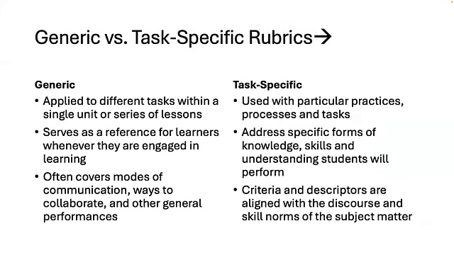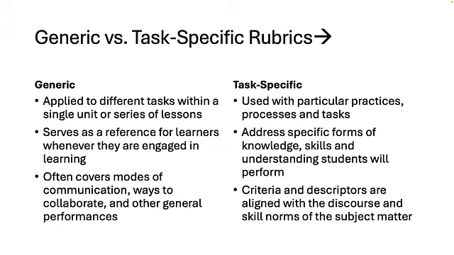Generic versus task-specific rubrics. Okay, so a generic rubric can be applied to different tasks within a single unit or a series of lessons. Serves as a reference for learners whenever they are engaged in learning. Specifically, if you want them to have an academic routine around something like a warm-up routine or a vocabulary routine or a creative ideas routine.